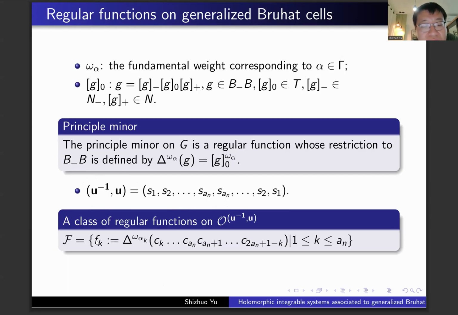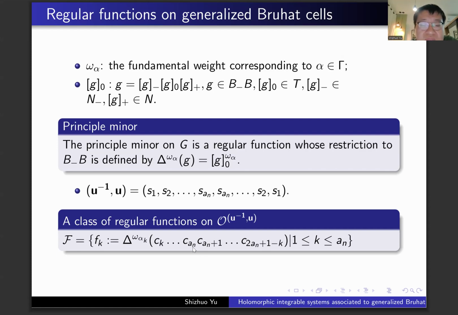And then we can define a class of regular functions on the generalized Bruhat cell: you multiply from the kth element to the middle, and then from the middle element c_{n+1} to the element c_{2n+1-k}.